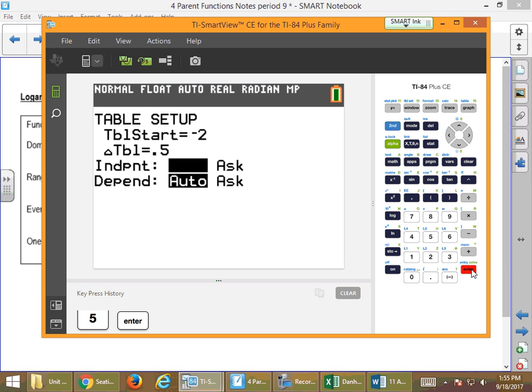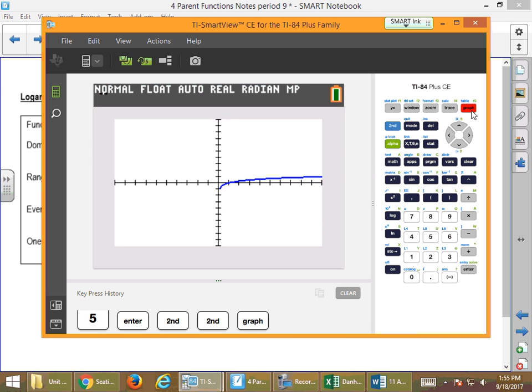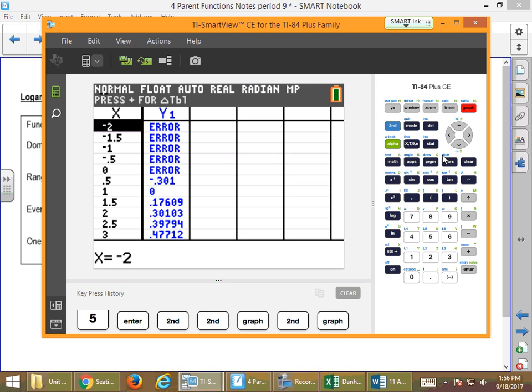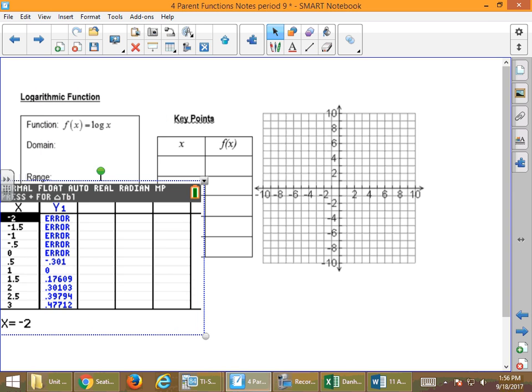And then, if I can, look at some values on the table. And the reason that I wanted to change our increment a little bit is just to get this 0.5, negative 0.301.